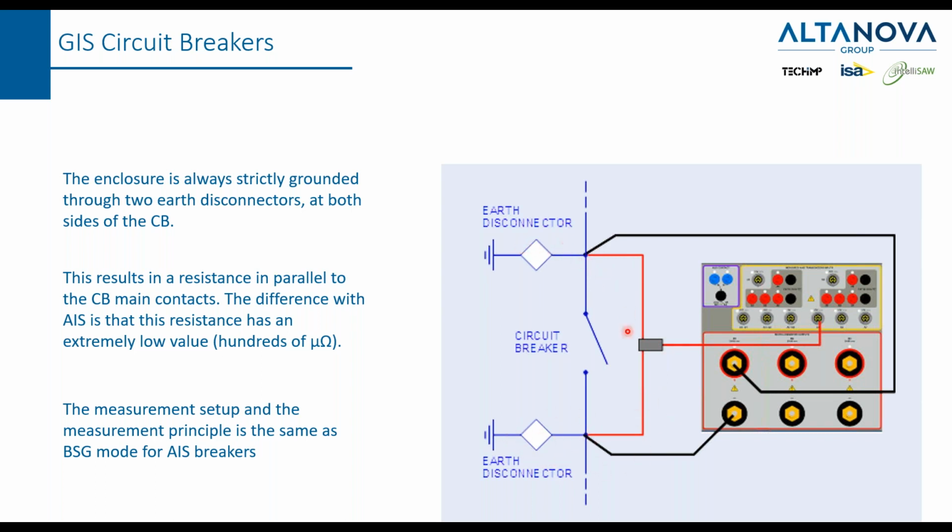So we are again in the same situation. GIS circuit breakers are always both sides grounded.